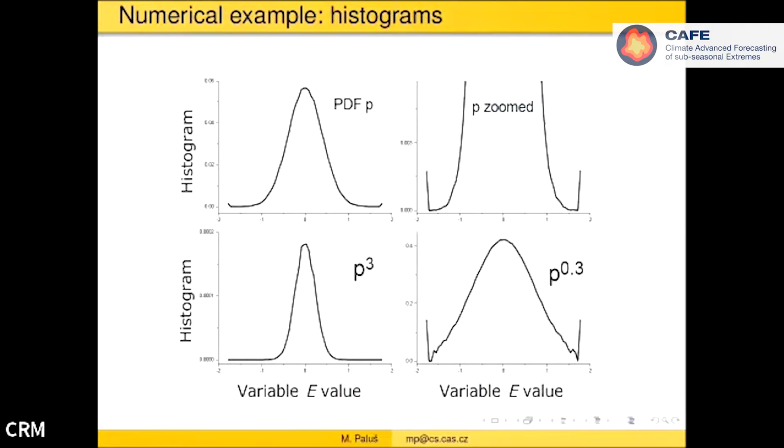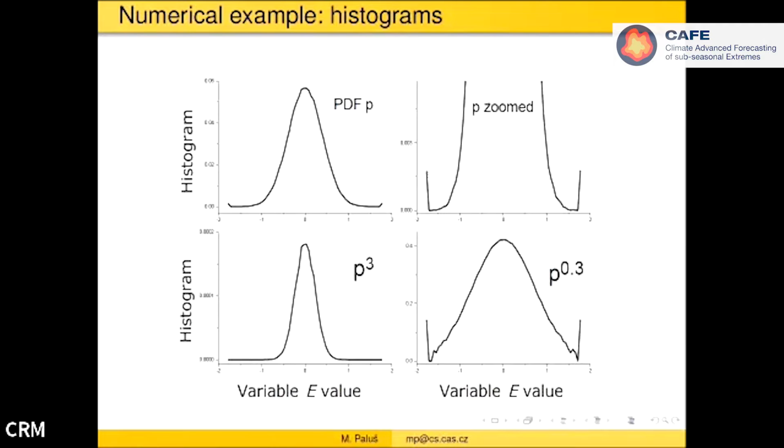If we look at the histogram or estimation of the probability distribution function of variable E, then it is practically a normal distribution, except here on the very tail. Here we have zoomed this picture, and we can see some heavy tail because of those extreme events which are induced by variable X.